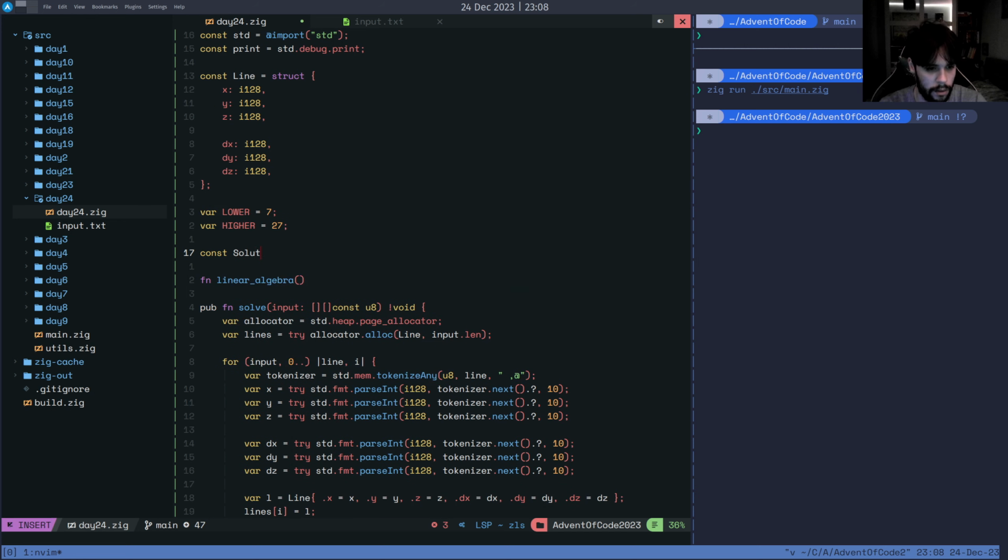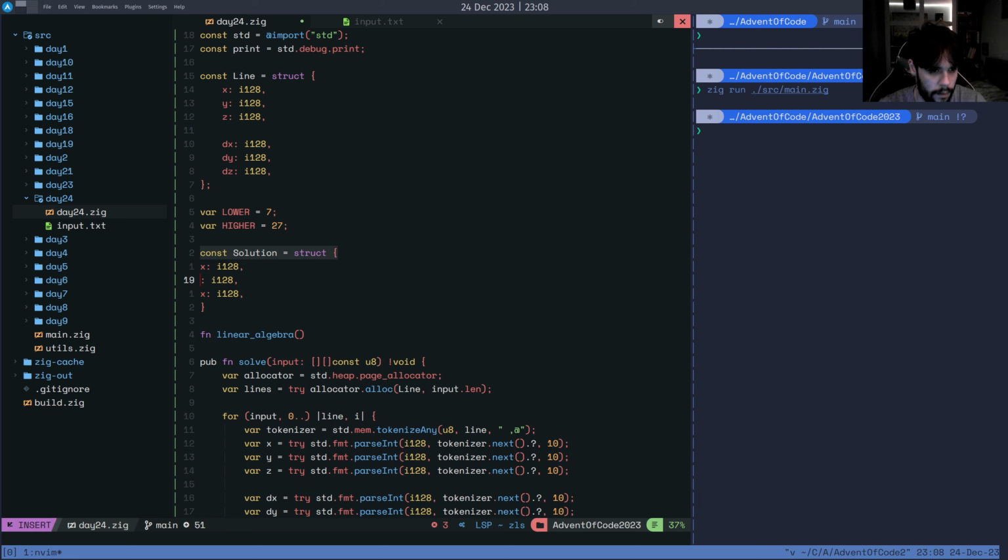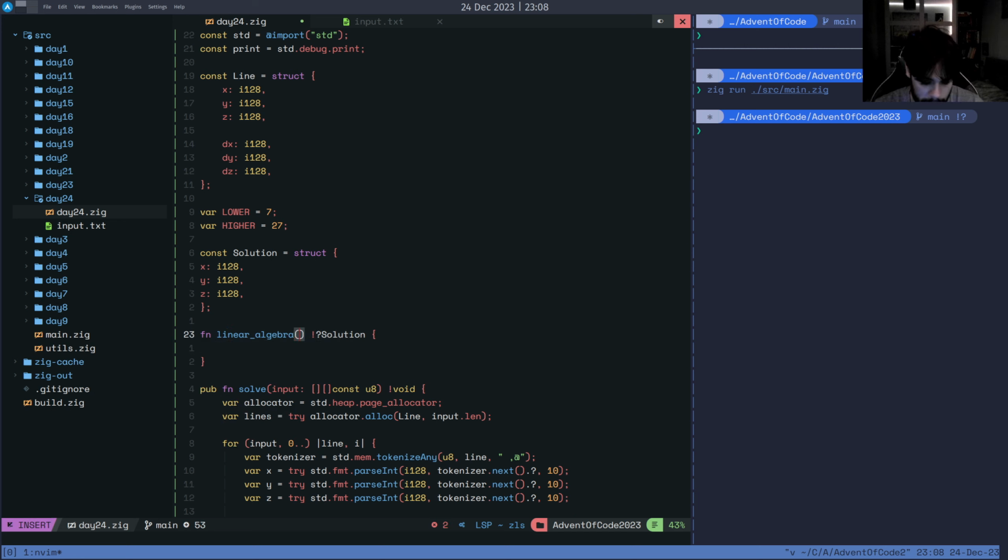Const solution equals struct, that is x, y and a z, and actually that can be question mark solution, probably an error in there somewhere. Line 1, which is line 2, which is also a line.